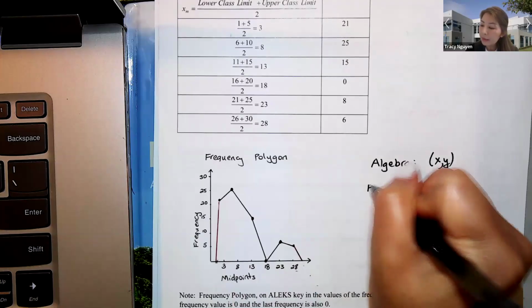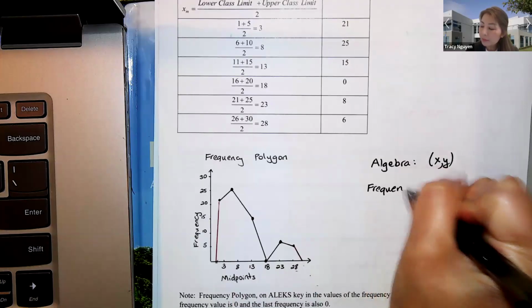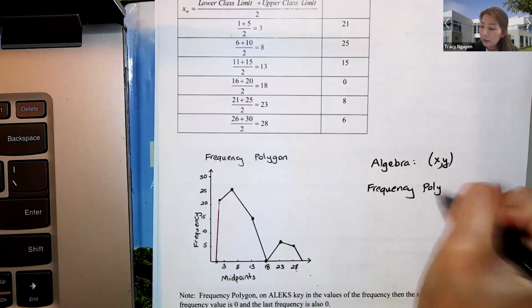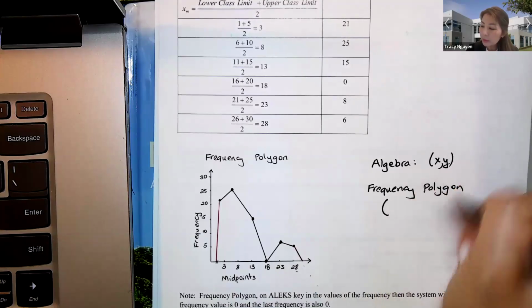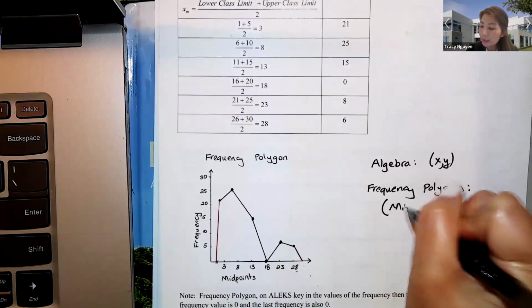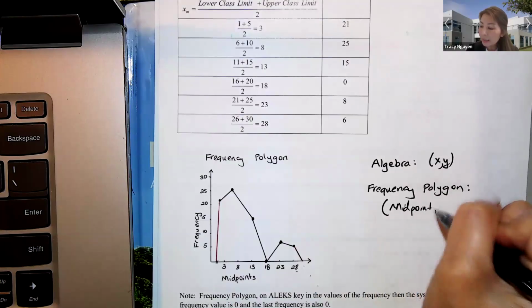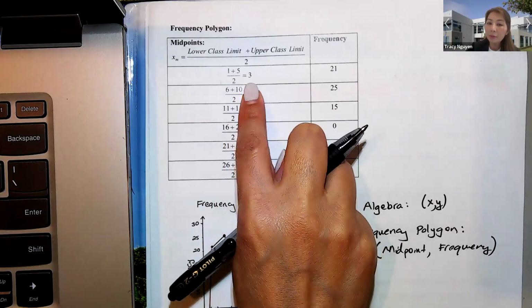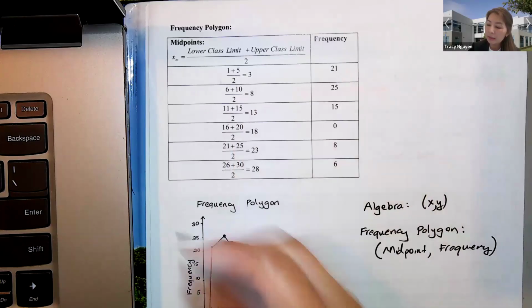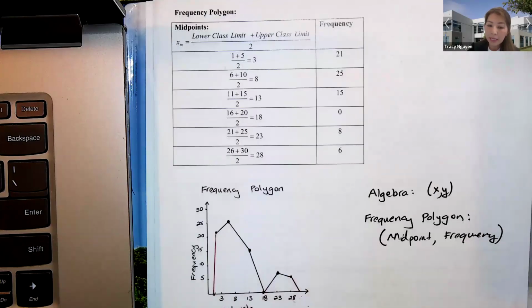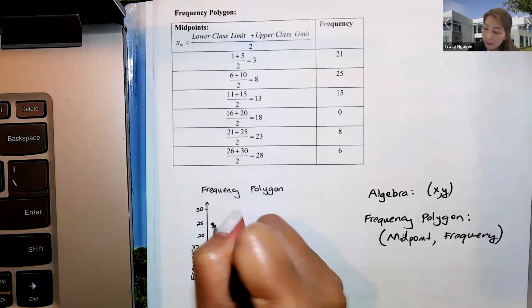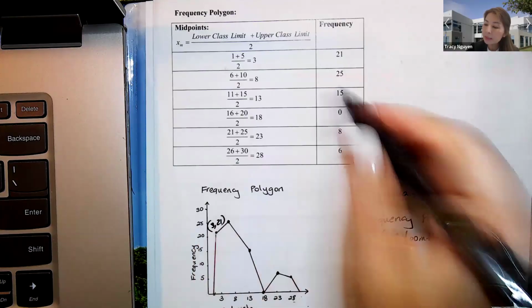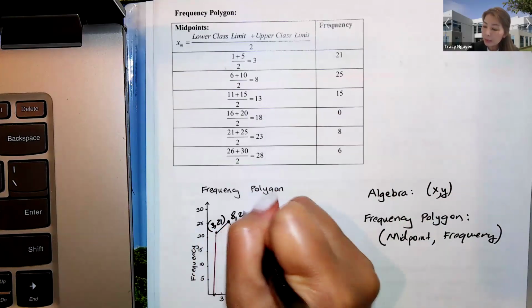So here in a frequency polygon, instead of the x-axis, you're going to have the midpoint, comma, the y-axis would be the frequency. So now, on our very first point, we have the midpoint of 3, comma, 21. So this point right here, what I have is 3, comma, 21. Next is 8, comma, 25.